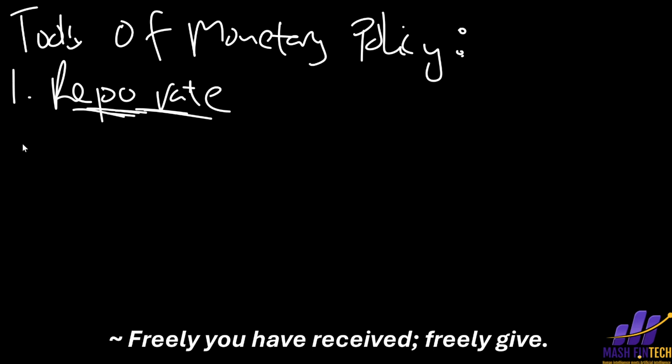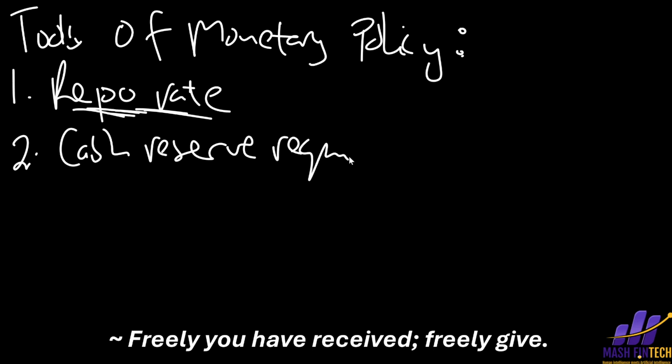All right. The second one is the cash reserve requirement. This is the percentage of deposits that commercial banks or financial intermediaries are supposed to keep in their vaults, with the central bank or in their personal vaults.